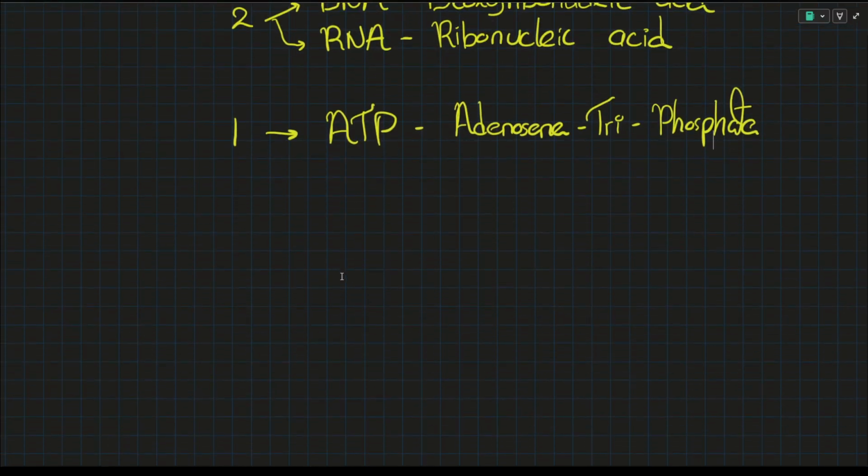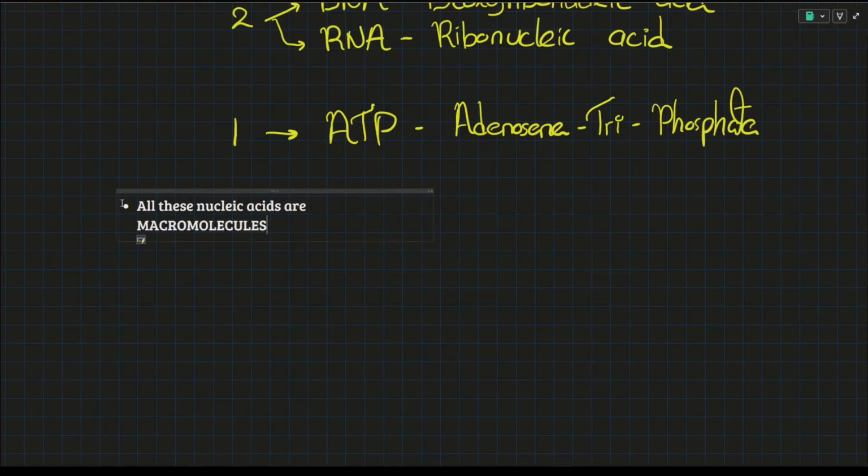Now let's move on. And okay, let me give you one more point. All these nucleic acids, all three of them, are actually considered to be something known as macromolecules. What do you mean by macromolecules?